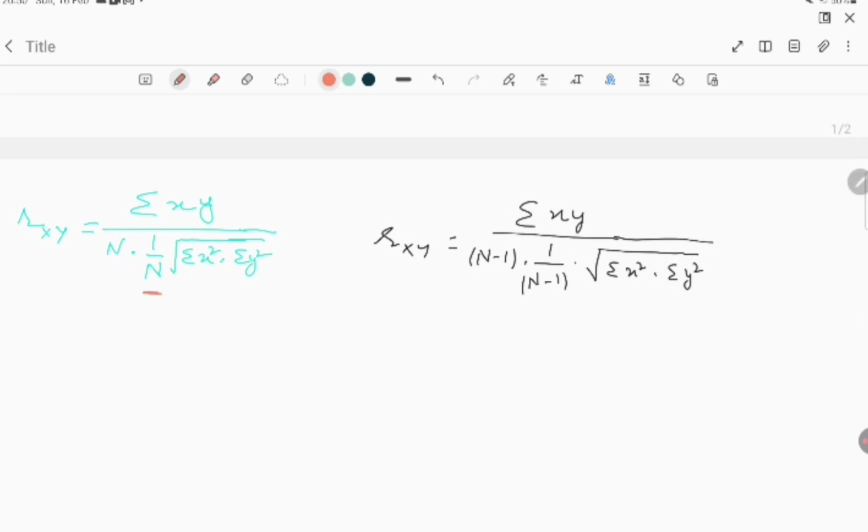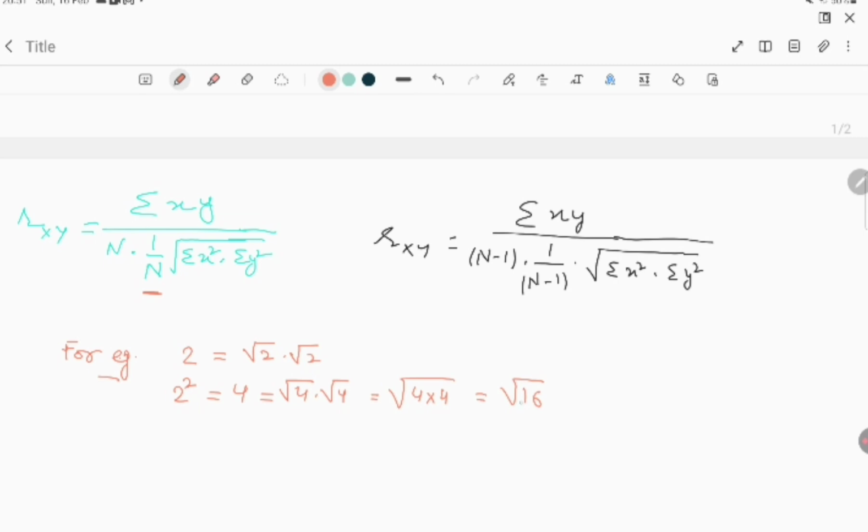How will it work? So for example, 2 under root 2. Now 2 squared, which is equal to 4, is equal to the under root of 4 into 4, or we can say under root 16.